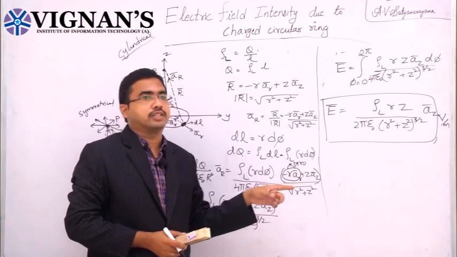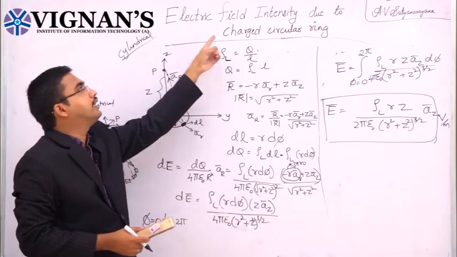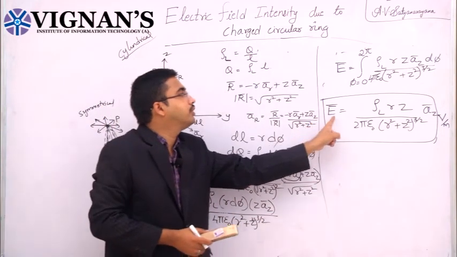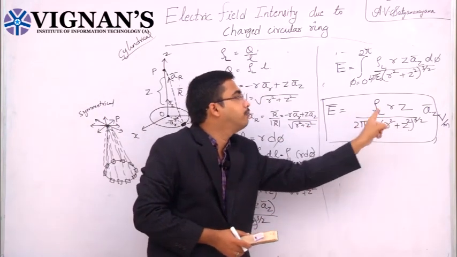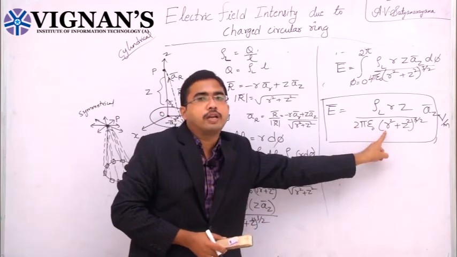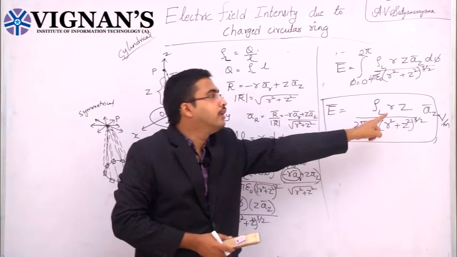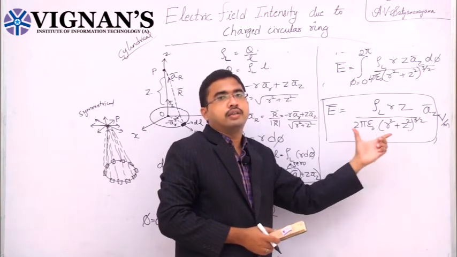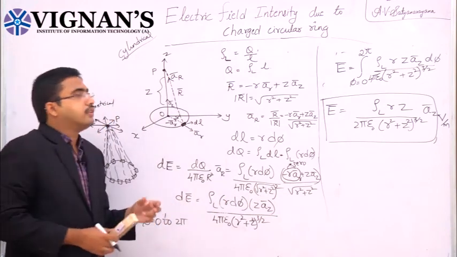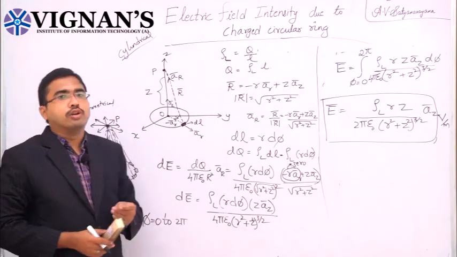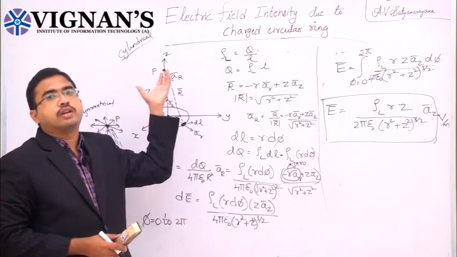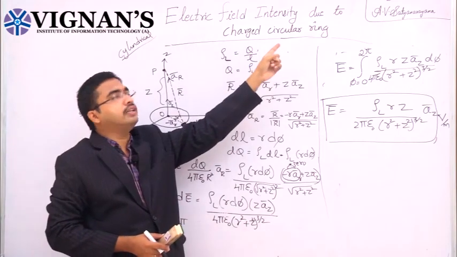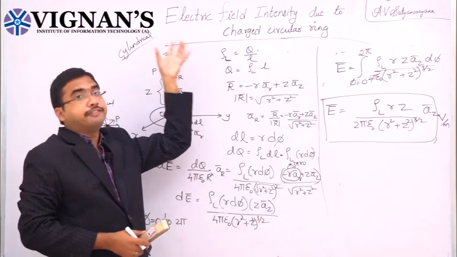Here we are doing electric field intensity at a point due to a charged circular ring, which is E equal to rho L R Z by 2 pi epsilon naught R square plus Z square whole power 3 by 2 into AZ bar volts per meter. This formula is very important. This is the second derivation by using Coulomb's law. And the third application of Coulomb's law is to find the electric field intensity due to an infinite sheet charge.